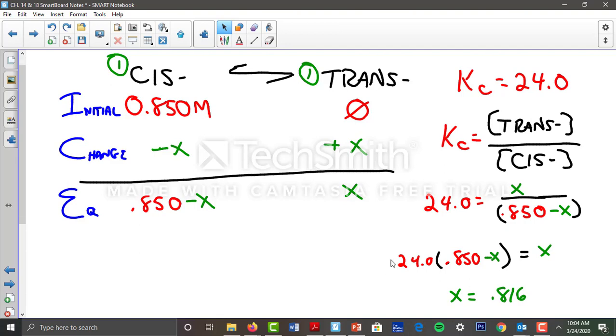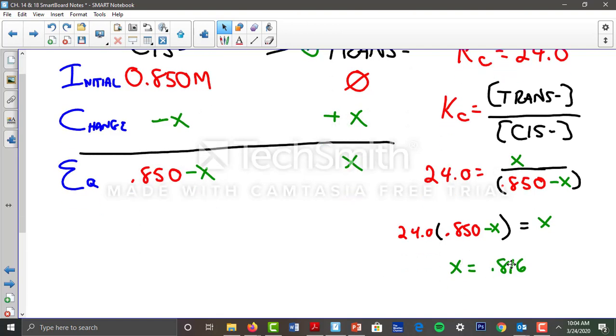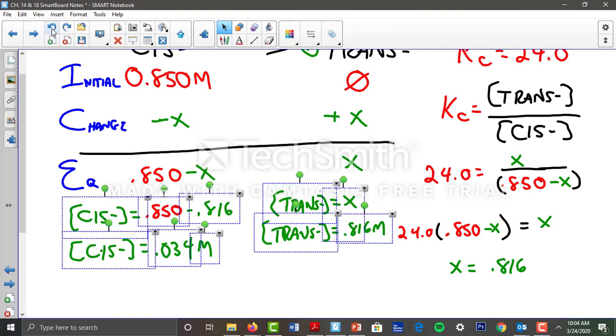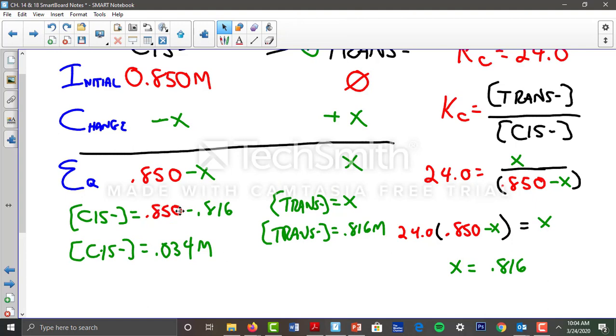Now what we're going to do is plug in this value of x into our equilibrium amounts here. So the 0.850 minus 0.816, so that's how much it went down over time. You get an equilibrium amount of 0.034.